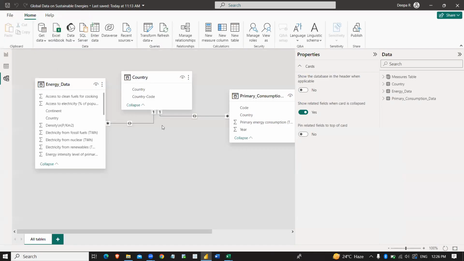And if we go to the model of those tables, you can see I have used this country table as a bridge between these two tables, and I have connected them using both directions. So the data can flow from this table to this table and this table to this table. Okay, so let us get back to our report.